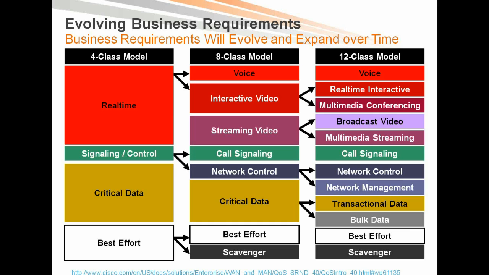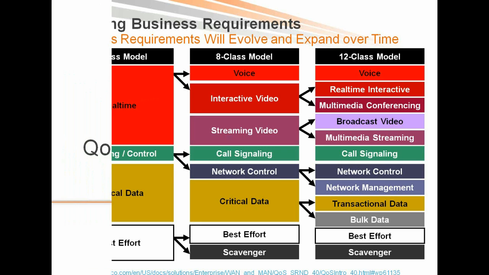But if you actually do have the applications available to fit into these classes and the bandwidth for these specific classes is necessary to be tightened up, then absolutely go for a 12-class model. But again, just something to note as far as considerations go.